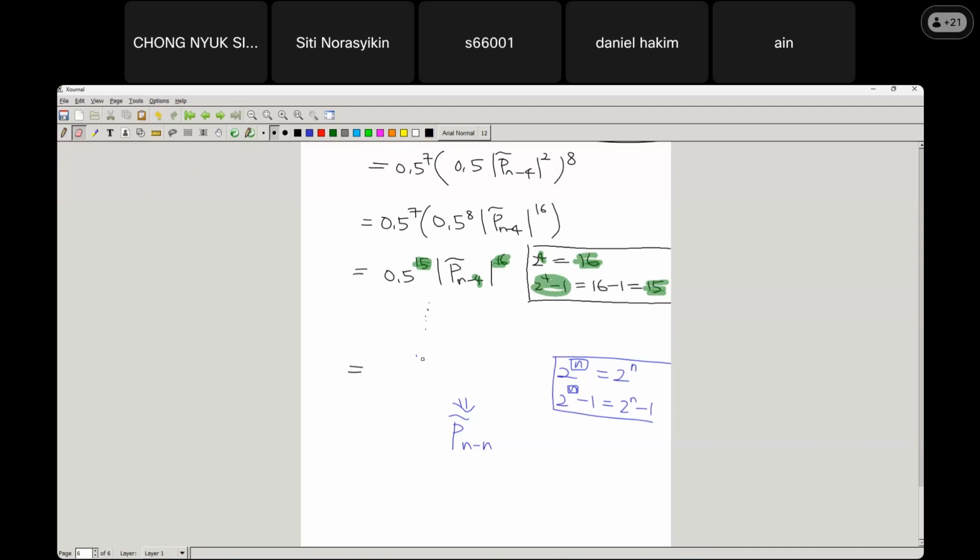So at the end, I know that I'm going to have, this is 0. I want a black color. So this is 0.5 power of 2 power of n minus 1, times T0 tilde, power of 2 power of n.